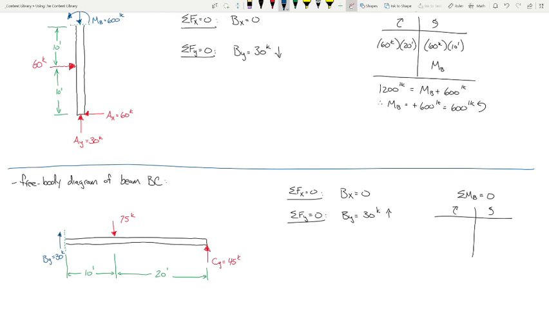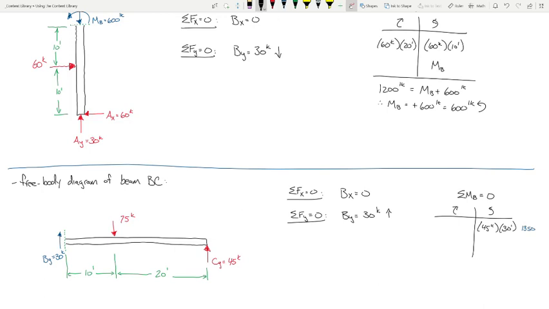I've got 75 times 10, 45 times 30. See, 45 kips times 30, I believe that's 13,500 or 1350. Let's see, 1350.